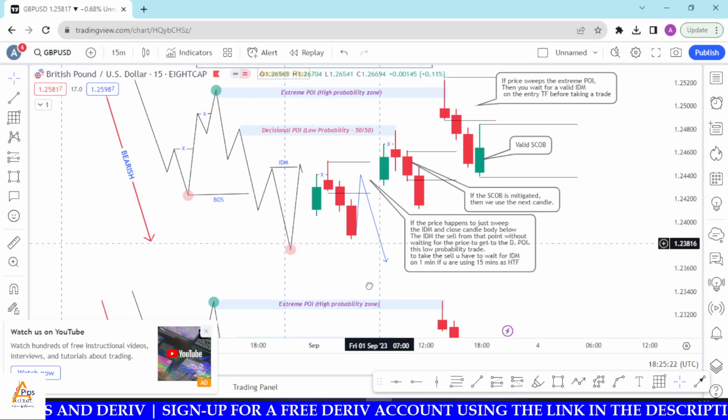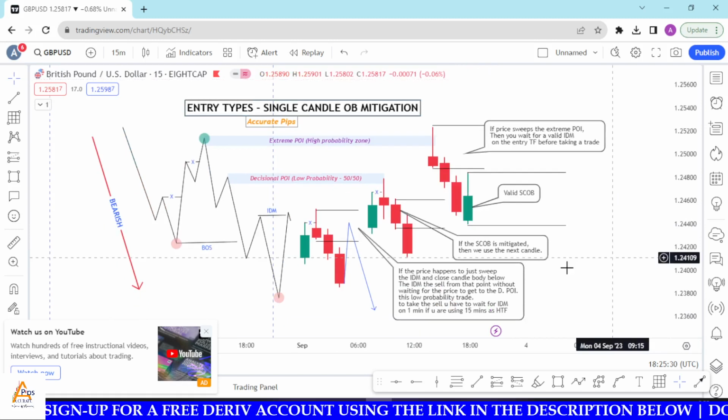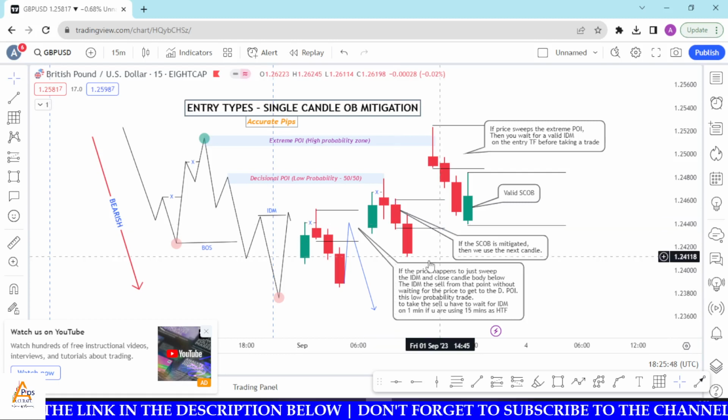Now I think I explained this when I was doing the other demonstration. As you can see, this single candle order block has been mitigated, and because of that, we use the next candle as the valid order block. So all we need is price taps into this, gives us our change of character inducement on 1 minute, and then we take our trade.